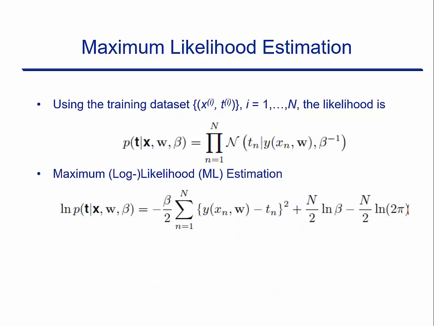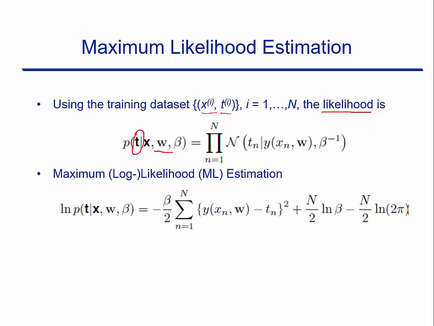Now, given the Gaussian distribution of the probability of the target value given the input x, we want to estimate the best vector w. So to do this, we will use the training dataset and calculate the likelihood of our target values. Now assume that each data sample xi and ti is independent from other data samples xj and tj.